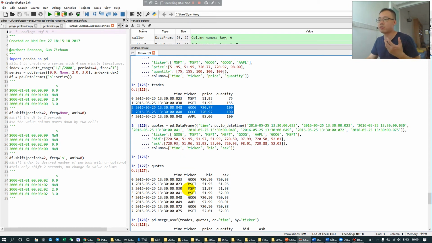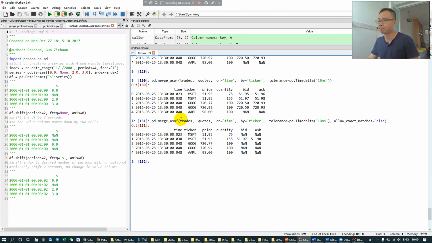As I said, it's almost impossible for you to have a bid and ask order and at the same time the orders are transacted. So you must have the bid and ask orders before the trades time. This is the idea. Okay. So this is the variable allow exact matches.